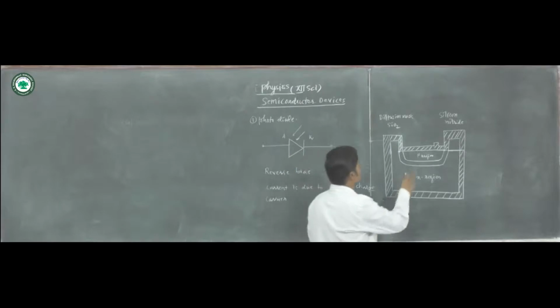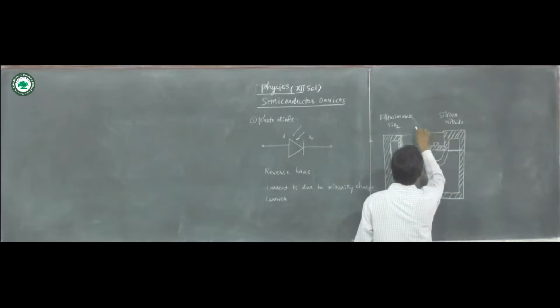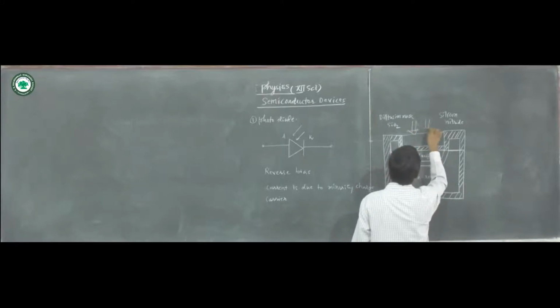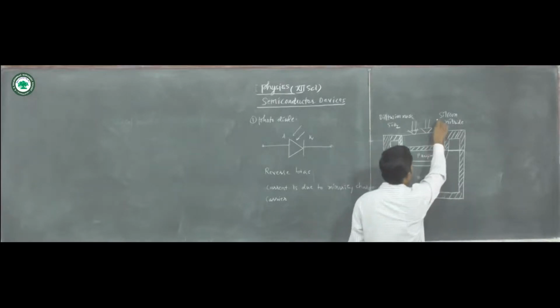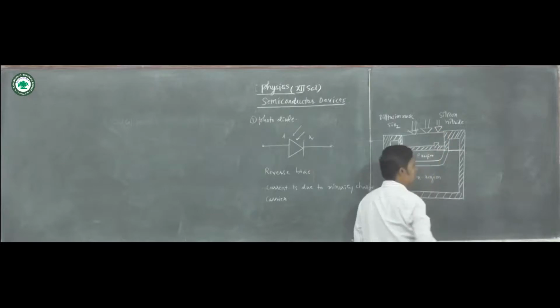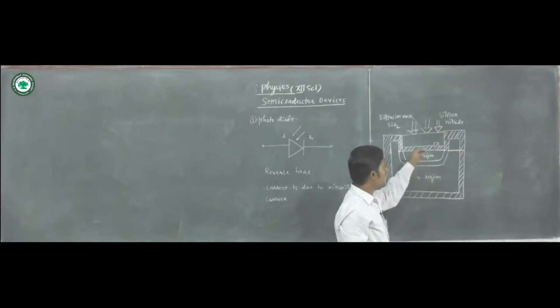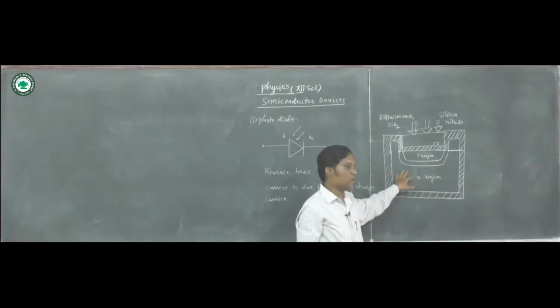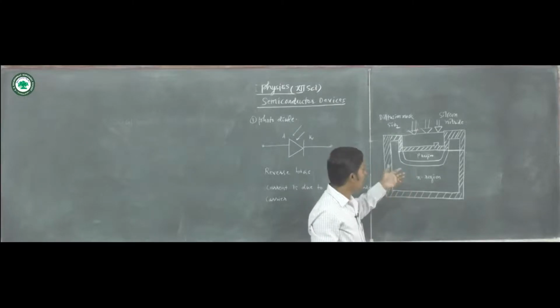Here, this PN region is exposed to the light. One glass covering is kept on the PN junction, and the other part of the photodiode is colored with opaque color, or it is covered.